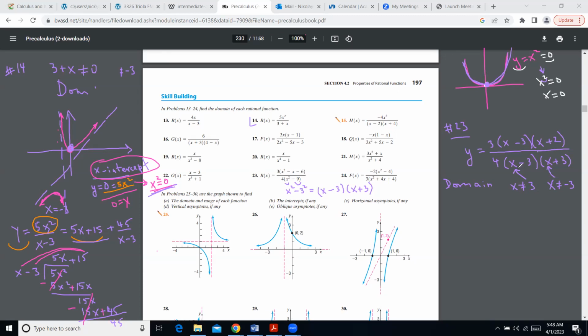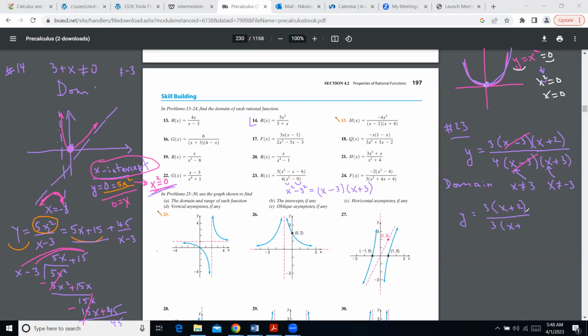Besides that, I can actually cancel x minus 3 with x minus 3, right? So that's very interesting. We're actually going to graph not that big looking function, but just 3 times x plus 2 divided by 3 times x plus 3.